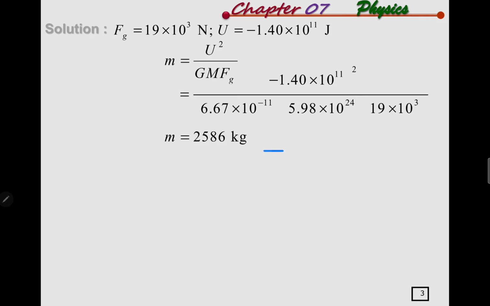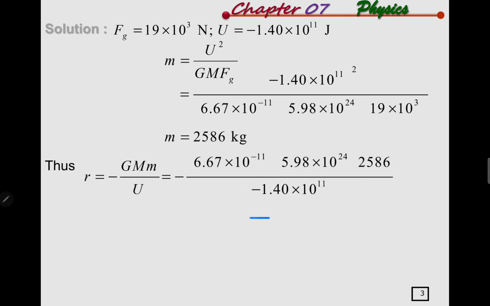Once we have the mass of the satellite, you can use either equation 1 or 2 to determine the value of r by replacing the values. Once we have obtained r, it is the distance from the center of the Earth to the satellite.